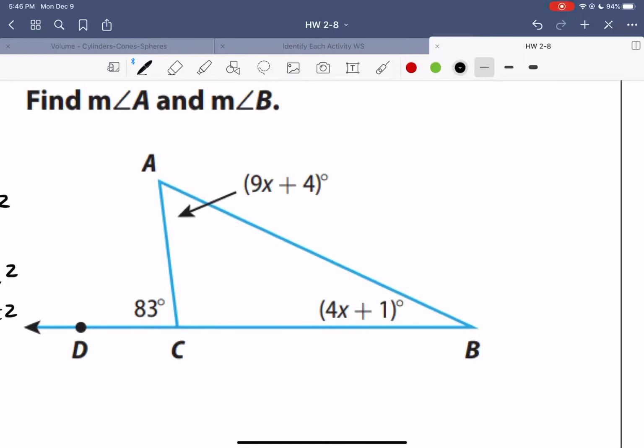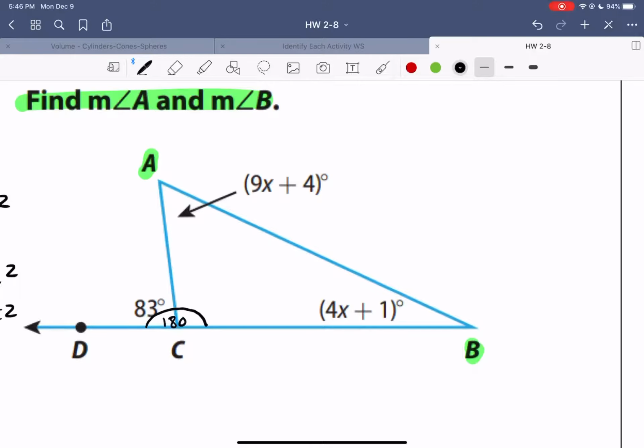So if we wanted to find, we're looking for the measure of angle A. So we're looking for this one and this one. So they have some x's. Since this right here is a straight line, we know that this total has to be 180.